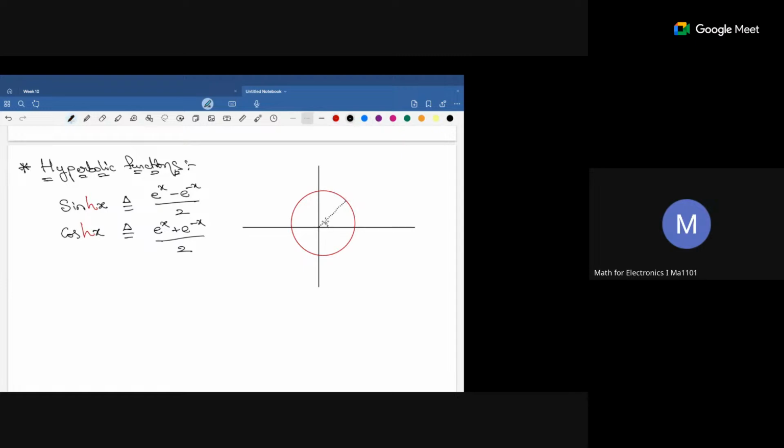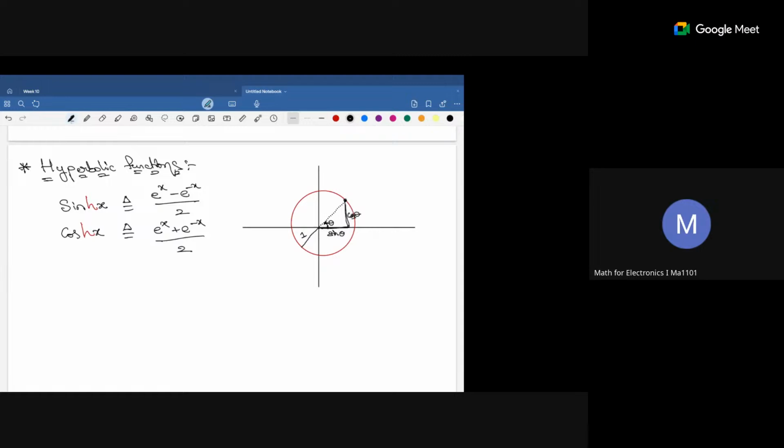If this is theta and this is the unit circle, I mean this is length 1, then we define this point as cos theta comma sine theta. Then this is sine theta and this is cos theta.